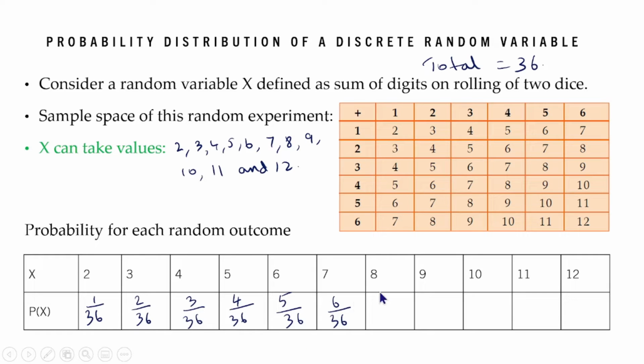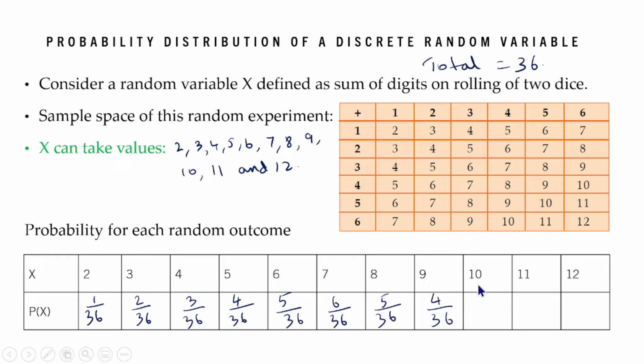Then the next one is probability of x is equal to 8. Number of favorable outcomes is 1, 2, 3, 4, 5 and total number of outcomes is 36. The next one is probability of x is equal to 9. So, in all these cases the sum of the digits is equal to 9, that is 1, 2, 3, 4. So, number of favorable outcomes is 4 and total number of outcomes is 36.